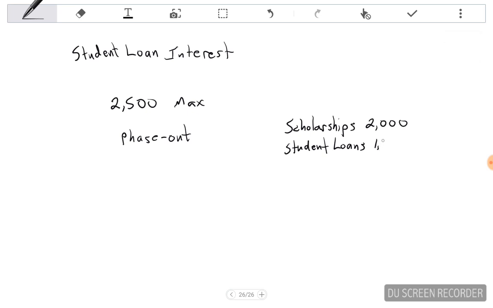The student loan was $1,000. And we had to pay qualifying expenses of $2,500. Okay, well, the scholarship is going to come first, and it's going to eat up $2,000 of those qualifying expenses. So that only leaves $500 for the student loan.